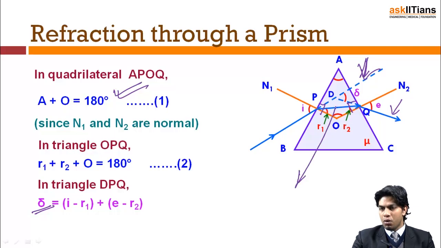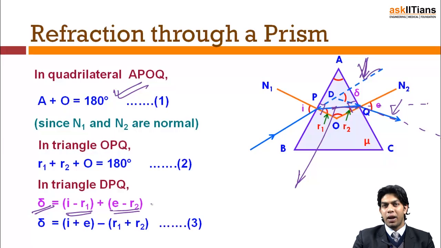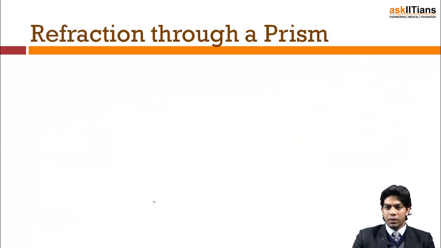As this was the path taken, the angle of deviation is the first part, I minus R1. Now the ray is traveling like this, and the new path taken is this. Hence, further angle of deviation comes out to be E minus R2. So the total angle of deviation comes out to be I plus E minus R1 plus R2.